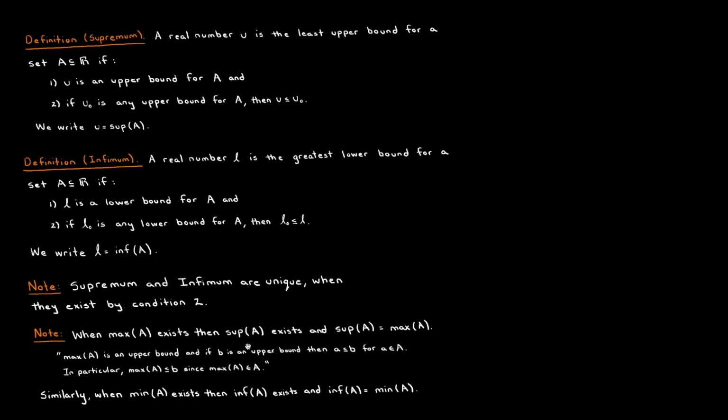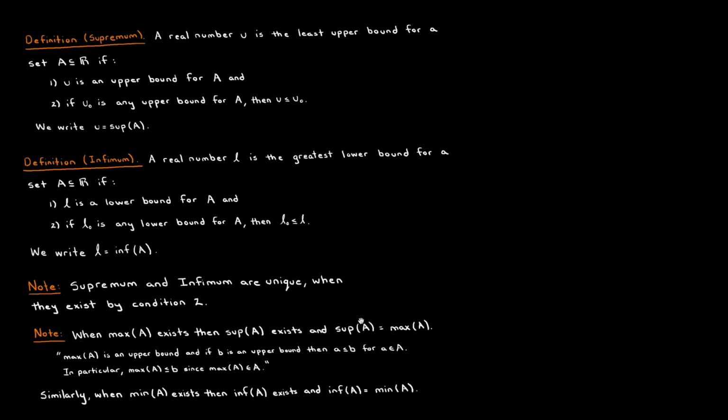The first one is that the supremum of A exists, and second, that the supremum is exactly equal to the maximum. Now, we don't currently have the tools to show why the supremum of A exists, but it's very easy to show once we unlock the axiom of completeness. So for that reason, let's suppose that the supremum already exists. Let's suppose that we've already shown that.